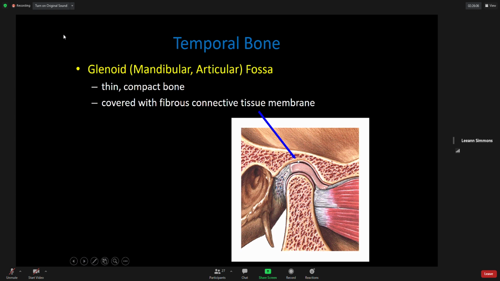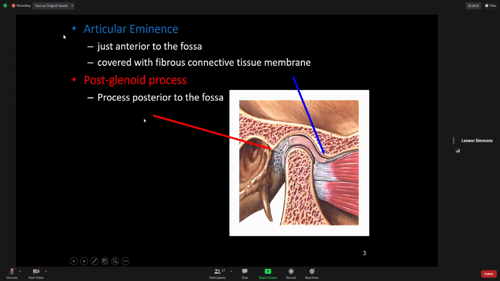And its surface is very thin, compact bone, and it's actually covered with a connective tissue membrane, which you see is this little tiny pink edge here, okay? This larger pink structure is the meniscus of the joint. Okay, so it's a thin, compact bone covered with a fibrous connective tissue membrane, which is not atypical.